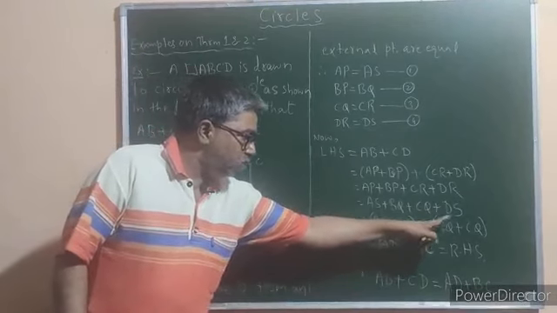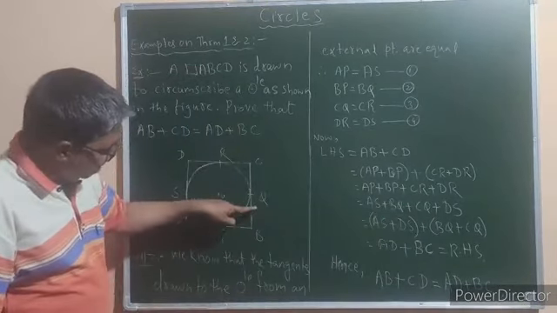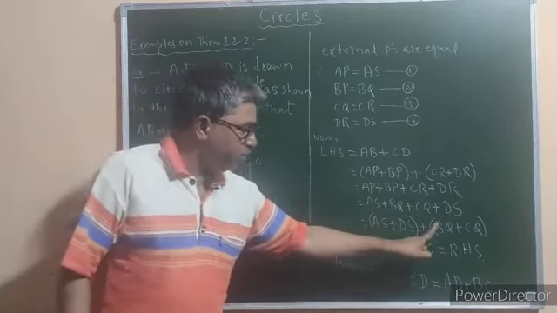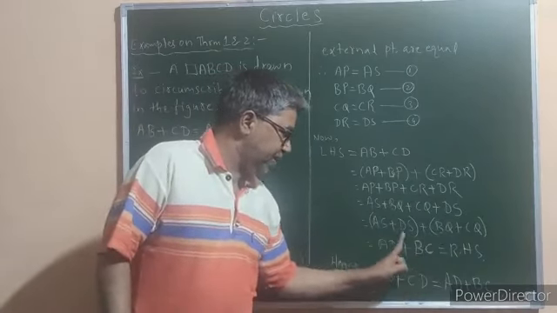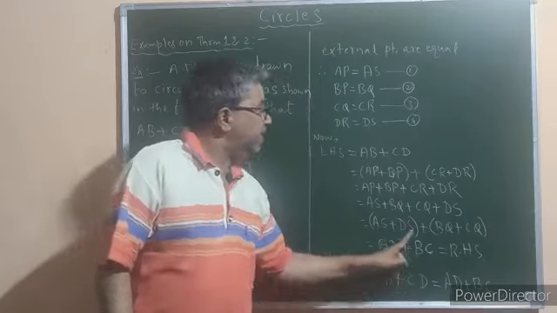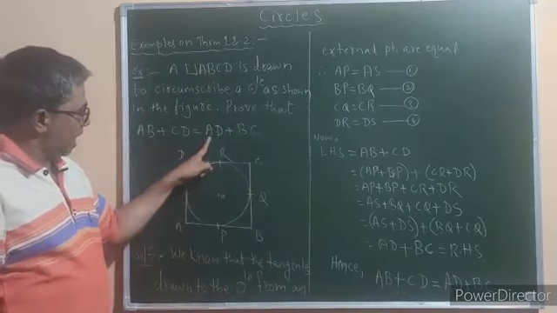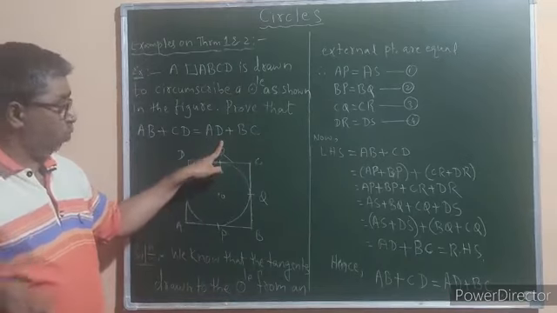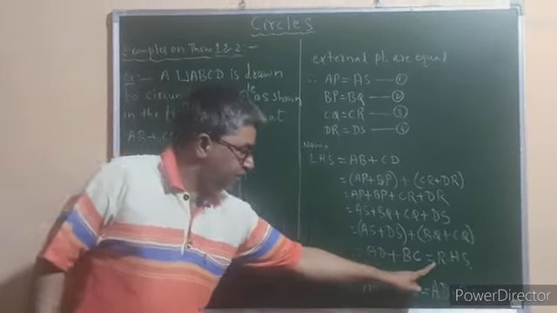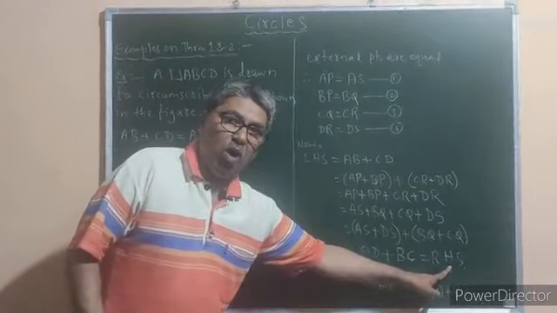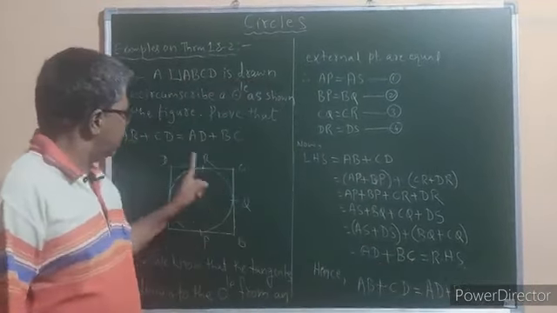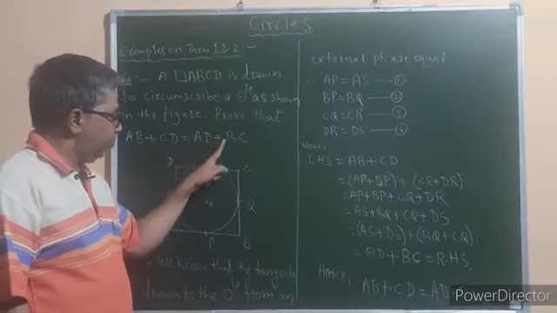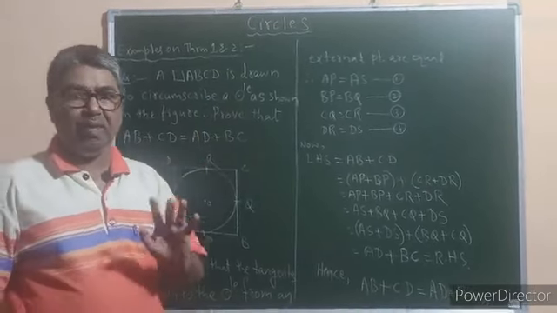Similarly, BQ plus CQ is nothing but the length of BC, so replace BQ plus CQ by BC. So AD plus BC is nothing but the RHS of the statement which is given to prove. Hence AB plus CD is equal to AD plus BC in this example.